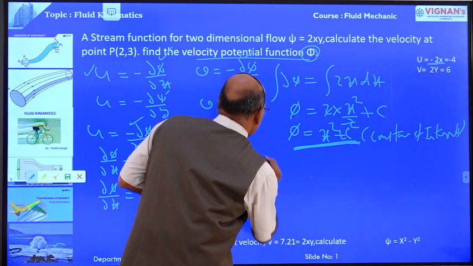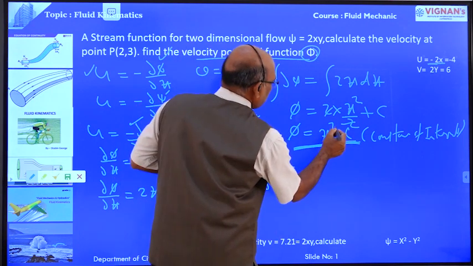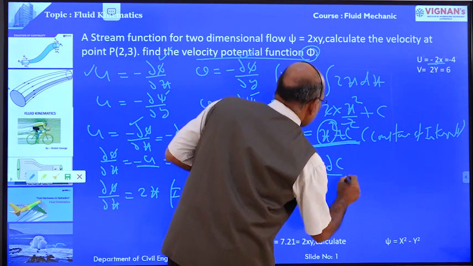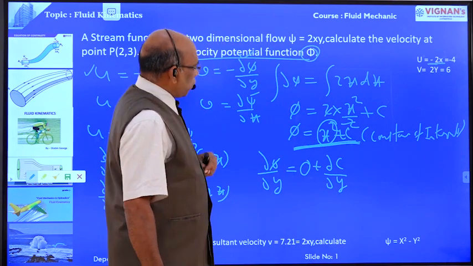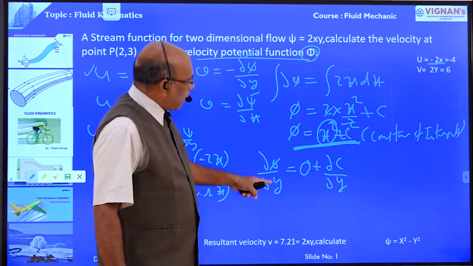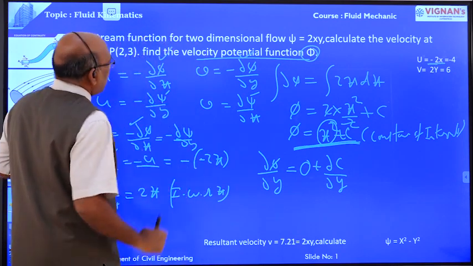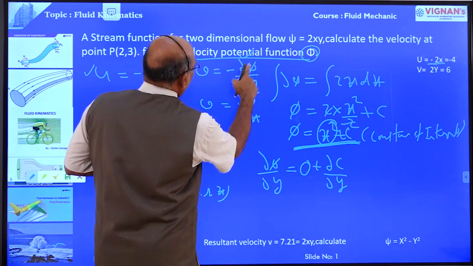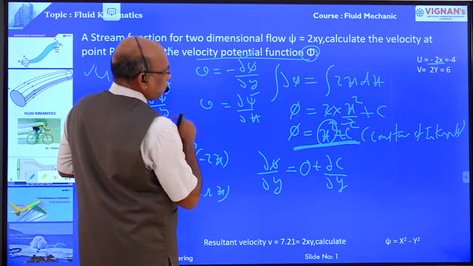Therefore dou phi by dou y is equal to 0 plus dou c by dou y. But we know the value of dou phi by dou y. v is equal to minus dou phi by dou y. Therefore dou phi by dou y is equal to minus v.